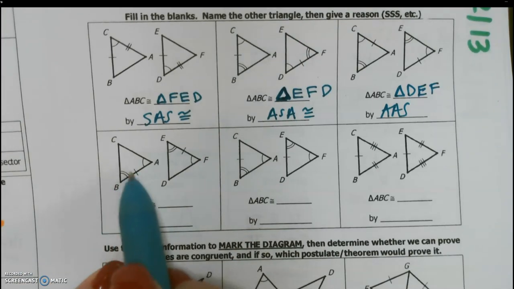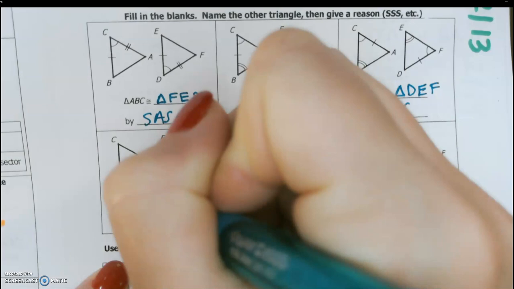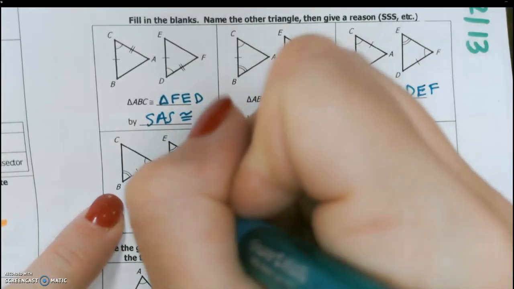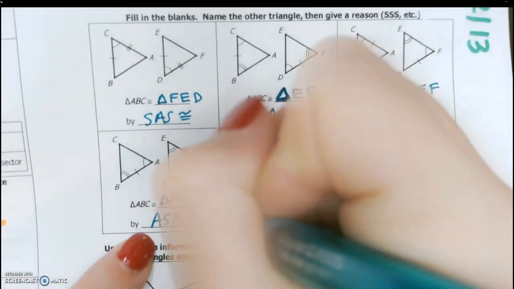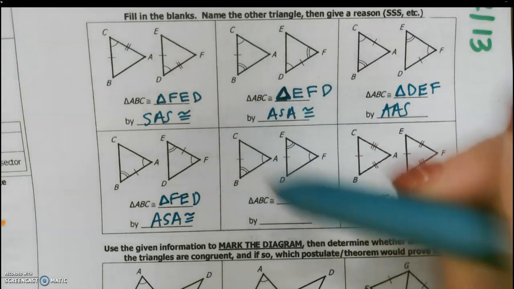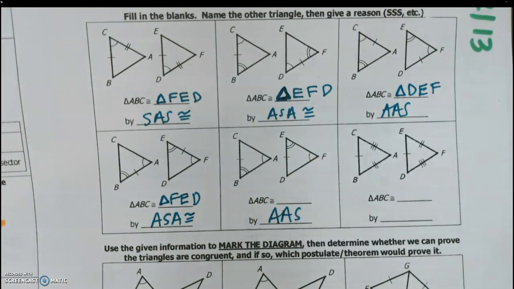Down here we have angle, side, angle. A corresponds with F, B corresponds with E, C corresponds with D. This one we have angle, angle, side. Notice the side is not in between the angles.